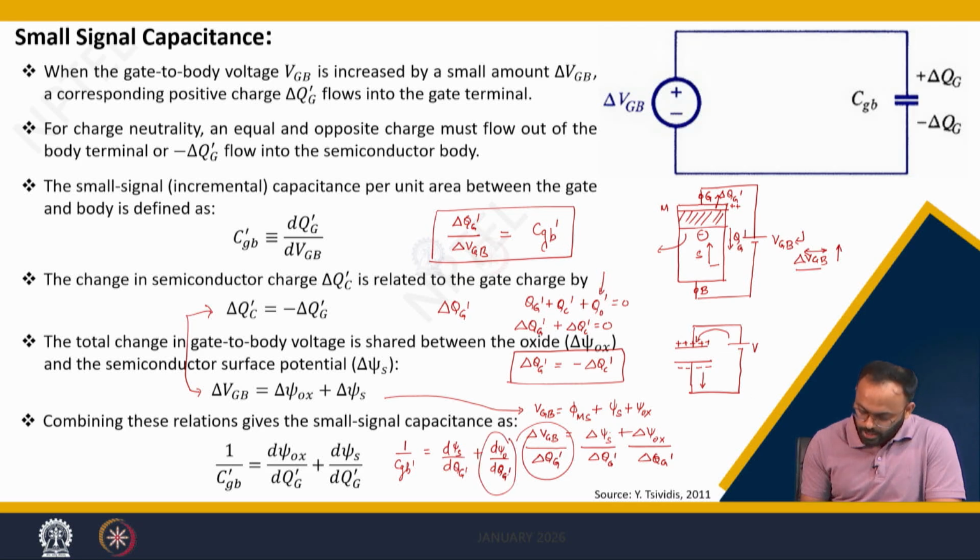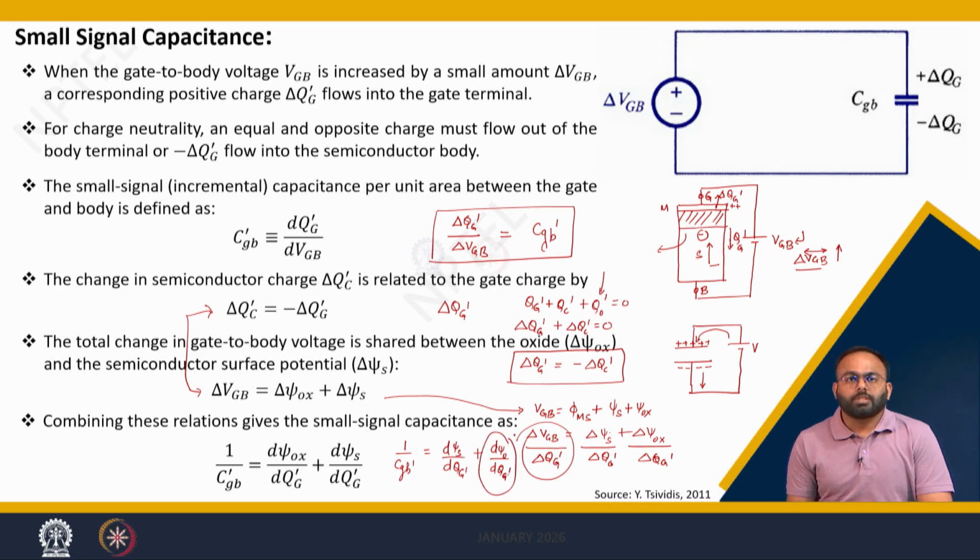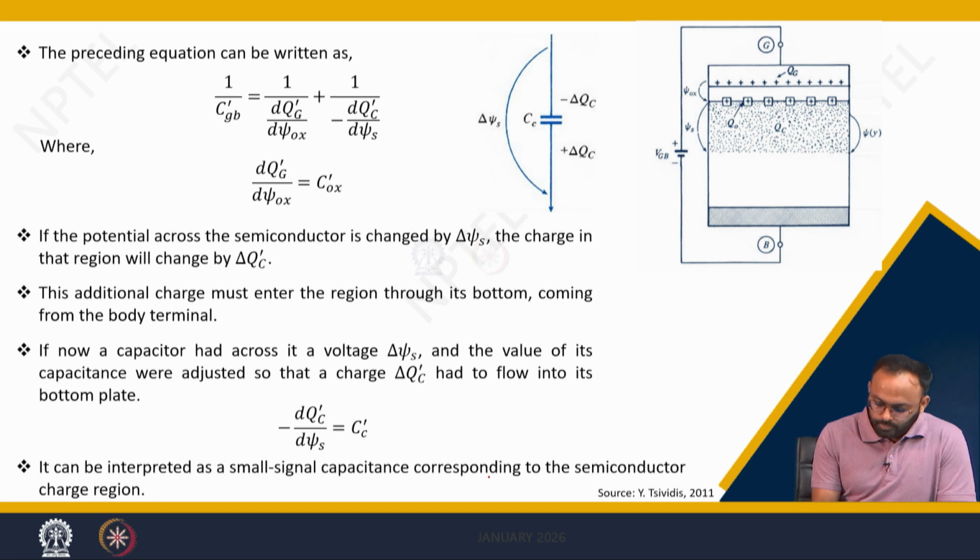Again, this quantity is nothing but 1 over the oxide capacitance. So we can simply rewrite as 1 over CGB dash is equal to 1 over COX dash plus delta psi s divided by delta QG dash.